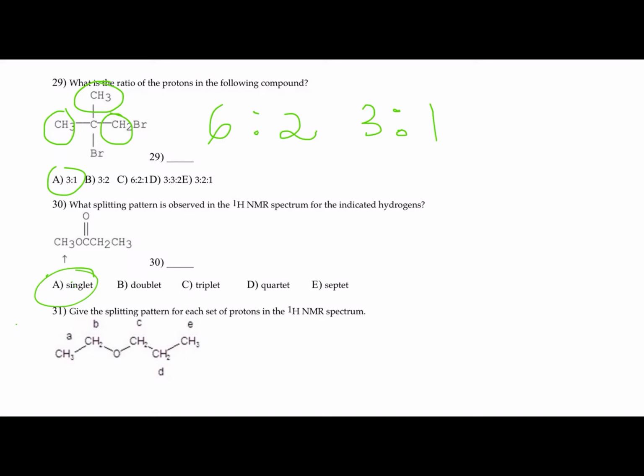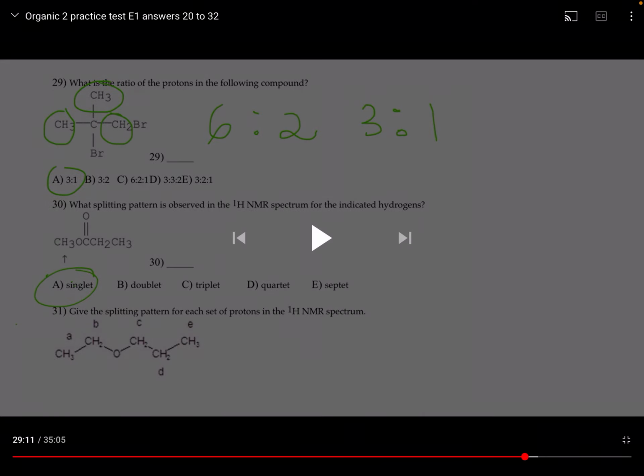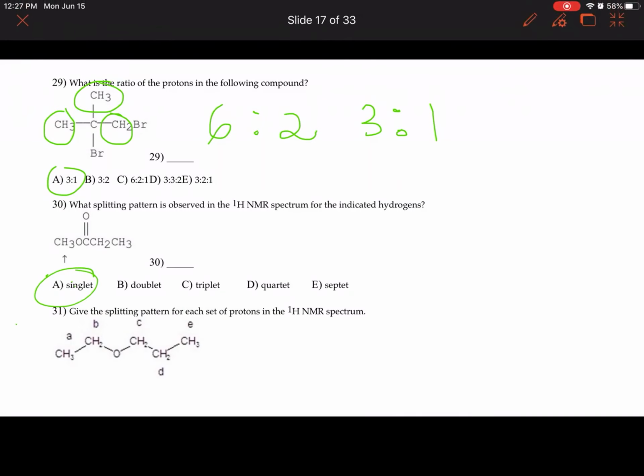So for the methyl group A, it will be split by the 2 hydrogens on carbon B. So 2 plus 1 would be 3. So the A hydrogens would be a triplet, n+1 rule. The CH3 is going to be a triplet because it's split by the hydrogens on carbon B.